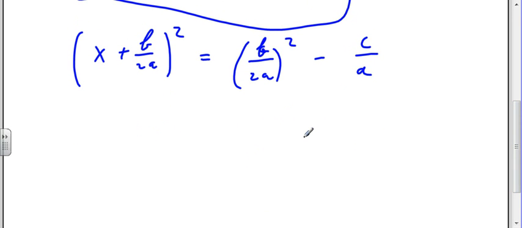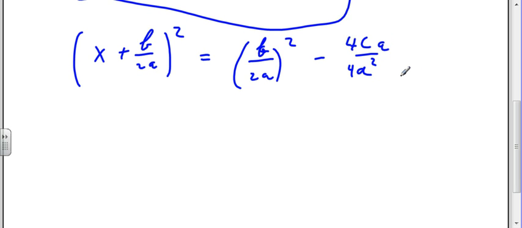And then I need a common denominator. All right, so I've got a 4a squared on this side, so I'm going to want a 4a squared over there, so I want a 4a on top.